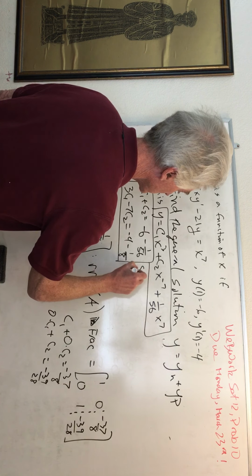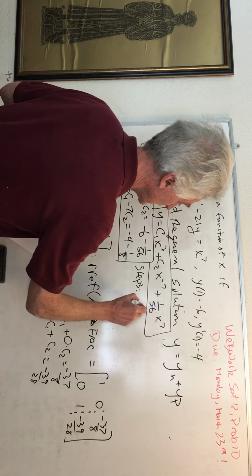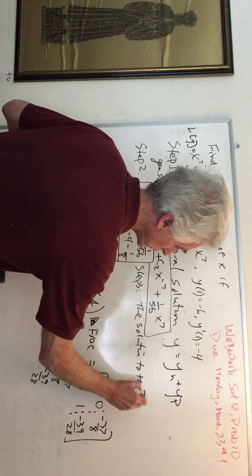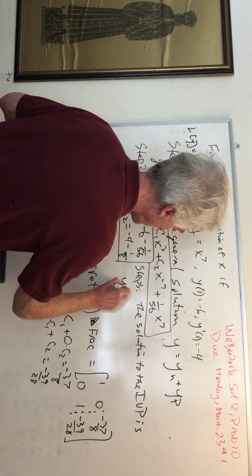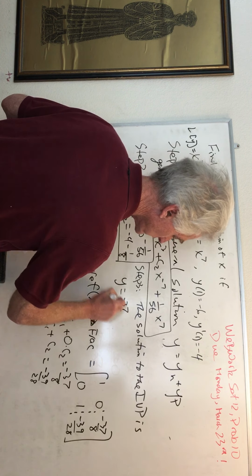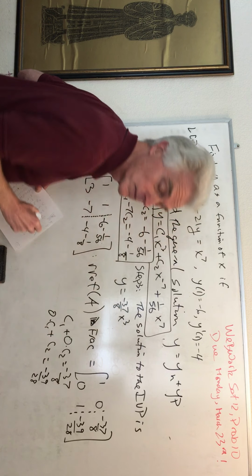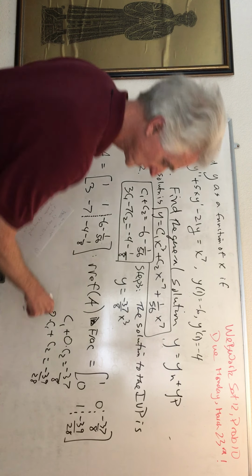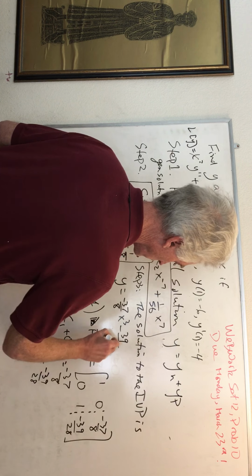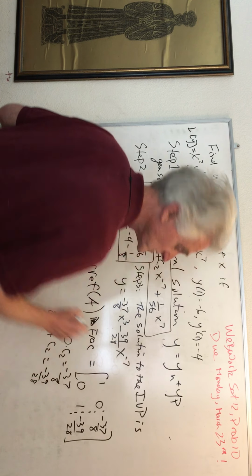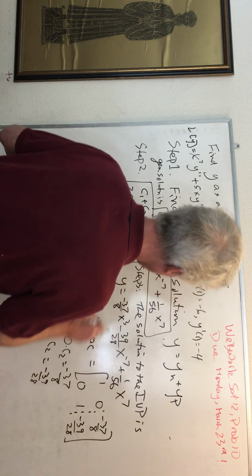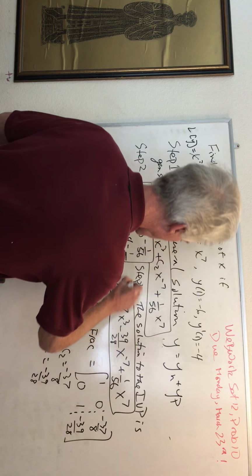The result of step 3 is that the solution to the initial value problem is y equals c1 times x cubed, minus 37 over 8 x cubed, plus c2 times x to the minus 7, which is minus 39 over 28 times x to the minus 7, plus 1 over 56 times x to the plus 7.